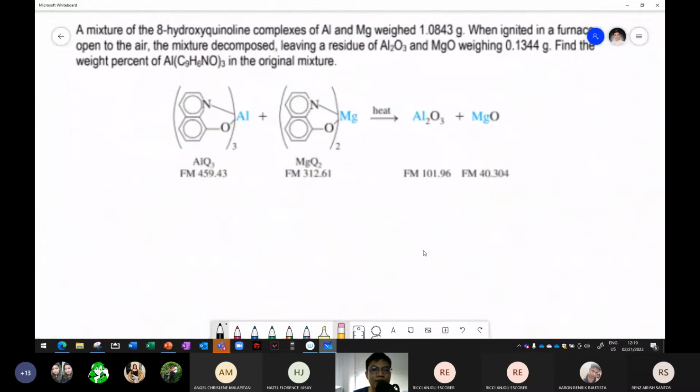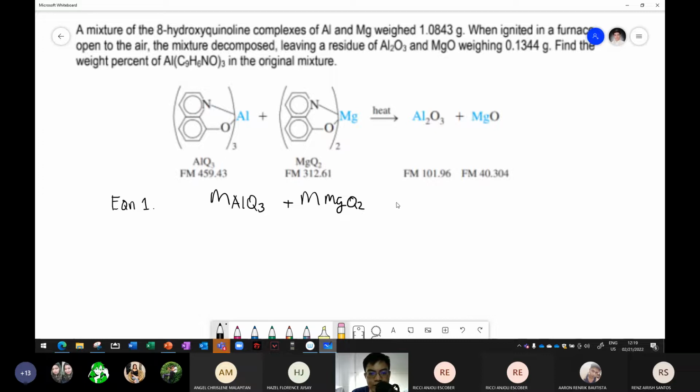Okay, ano gagawin ko? Edi yung mass ng given muna. Let me just write equation 1. So the equation 1 is just the mass of AlQ3 and MgQ2.